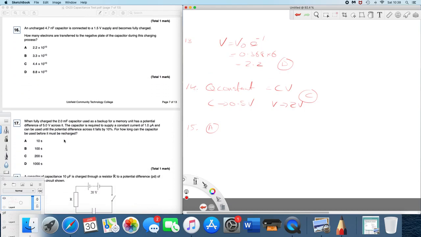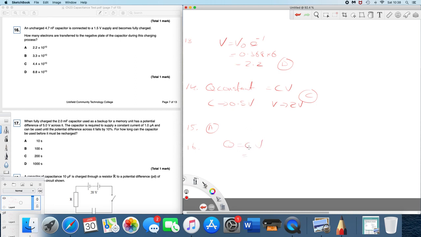Question 16. An uncharged 4.7 nanofarad capacitor is connected to a 1.5 volt supply and becomes fully charged. How many electrons are transferred to the negative plate of the capacitor during this charging process? So let's work out the charge and divide by the electronic charge. So Q equals CV.